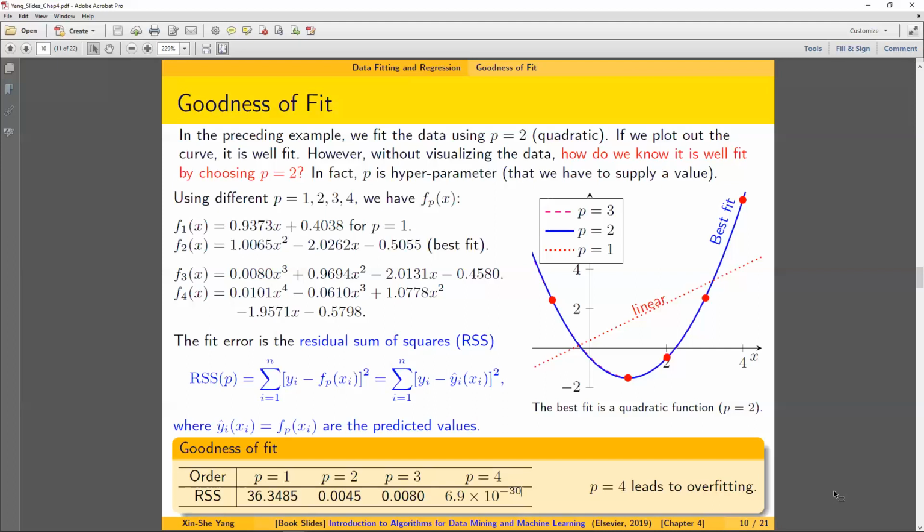In other words, we want to minimize this residual sum of squares, but we don't want to go to a point that is a perfect fit, where every single point is on the curve. That's the type of scenario that we really want to avoid.